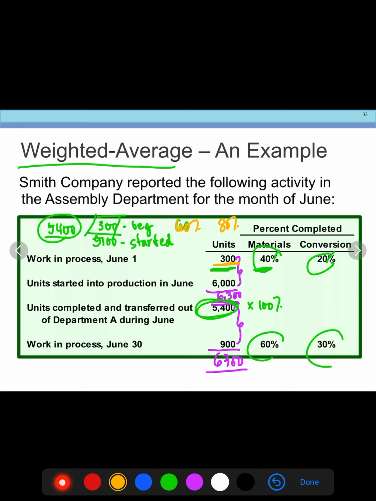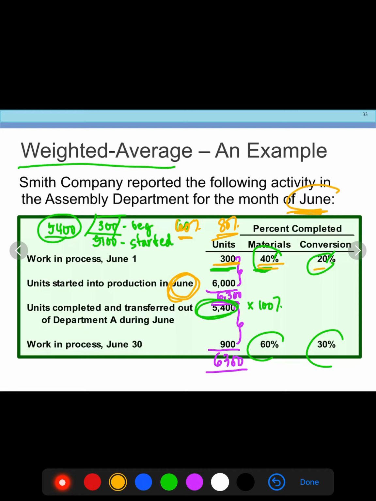Yung 300, bago magsimula ang June, 40% tapos na sa materials, 20% tapos na sa conversion cost. So, kung siya ay nag-undergo ng process nung month of June at siya ay kasama sa natapos, ibig sabihin, for this particular department and this particular period, the month of June, 60% lang ang work done sa kanya in terms of materials and 80% lang in terms of conversion cost.